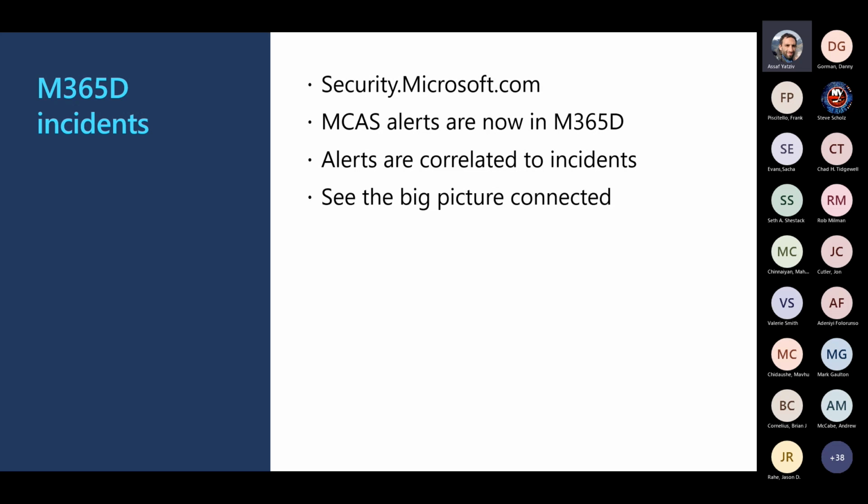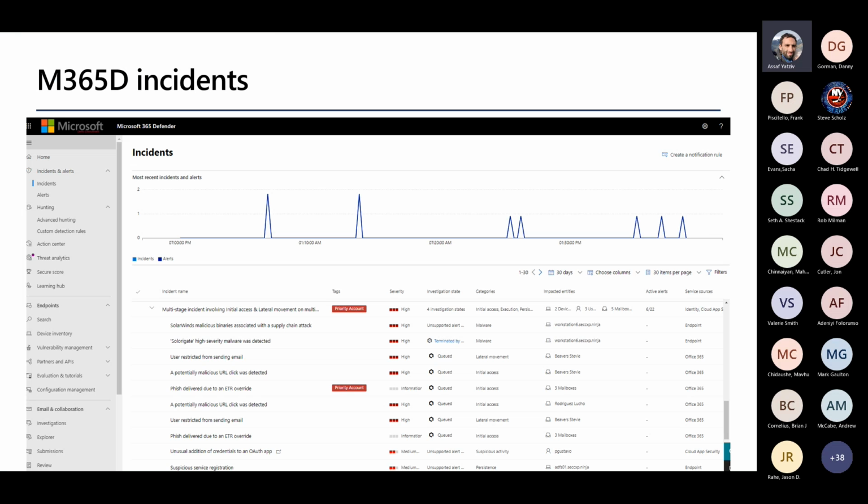But the really cool thing there is that we have a feature that can correlate alerts into incidents. What does it mean? If we have an alert or some alerts with common identities or entities that are part of the alert in about the same time frame, and of course, the algorithm that correlates it is complicated, and we won't get to it now.